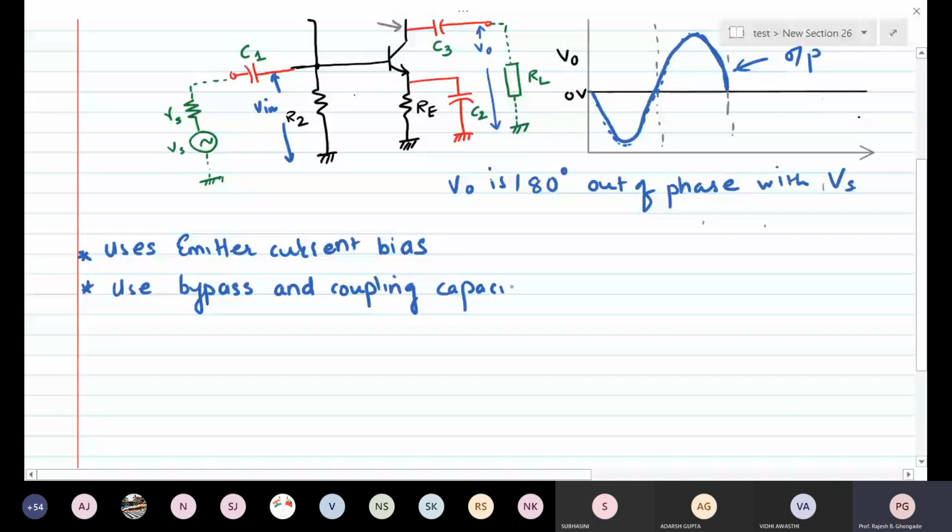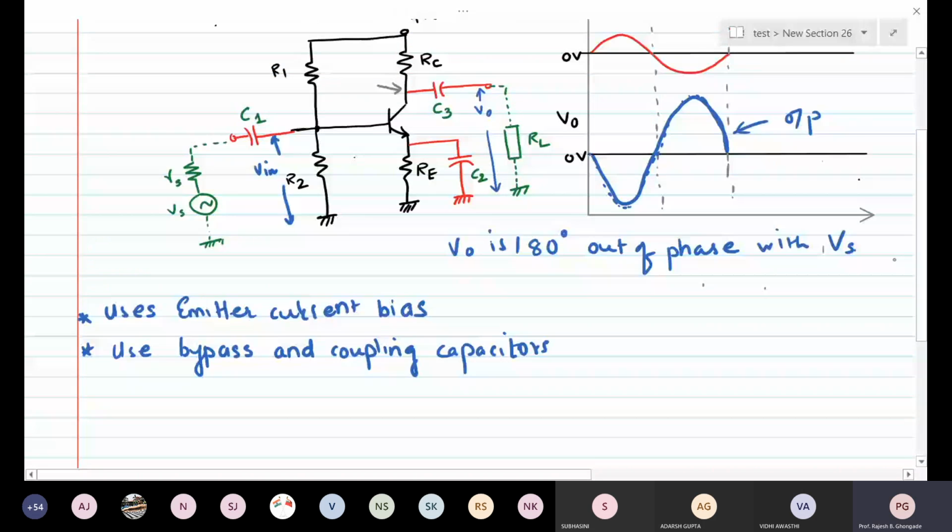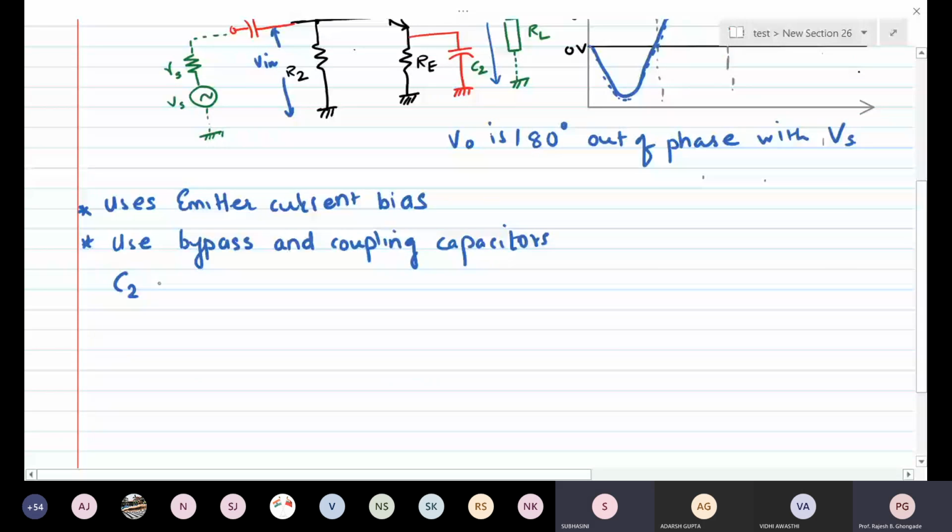Now, what are these bypass and coupling capacitors? Your C2 is called the bypass capacitor, whereas C1 and C3 are called the coupling capacitors.